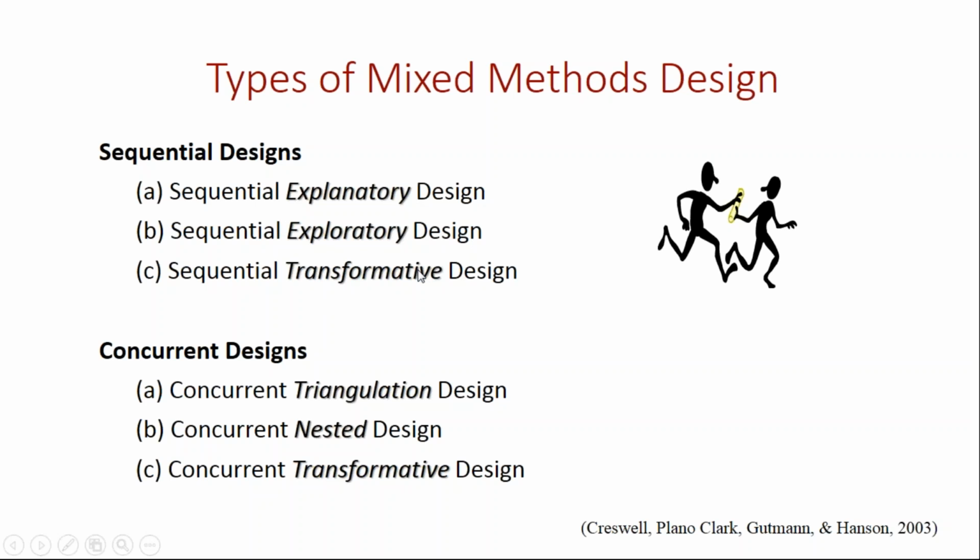All these three are sequential, as the name implies, because you are collecting one data at a time, analyzing the data, and then you move on to the second phase, which is the second kind of data that you have to collect. So the findings of the first approach inform the second approach. That's why it starts with sequential, right?